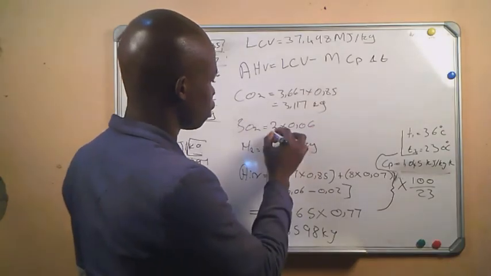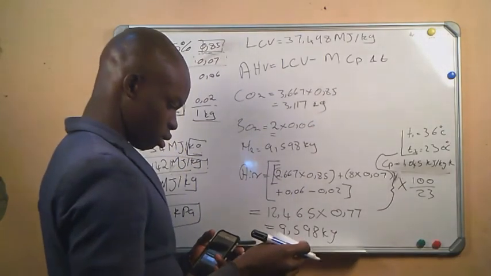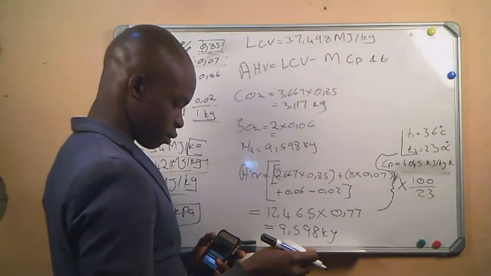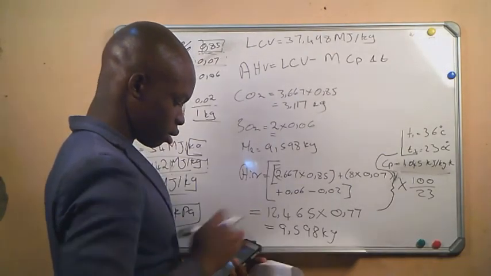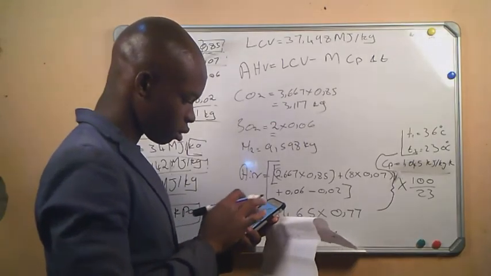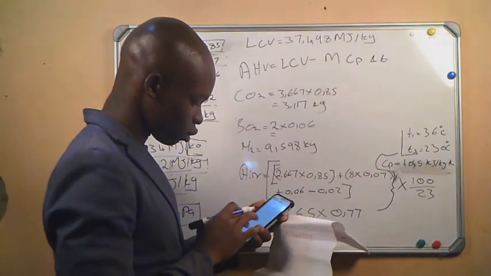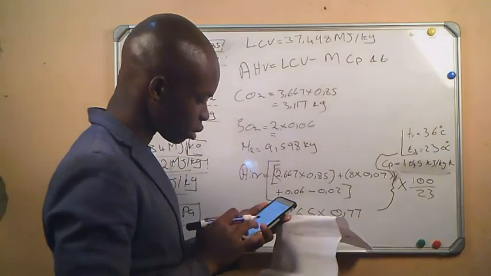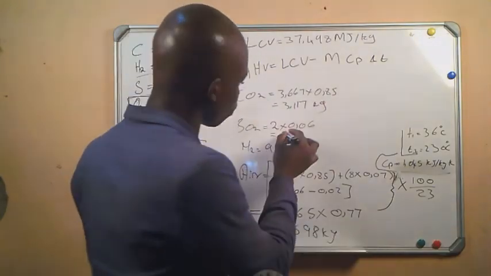I didn't calculate for this. This will give us 2 times 0.06, which is 0.12.